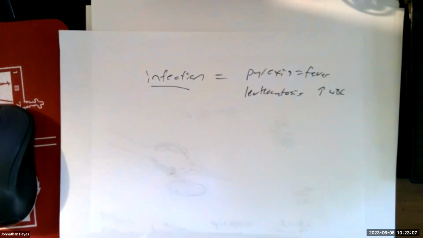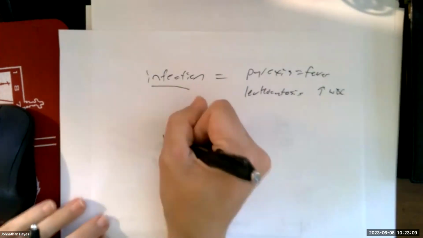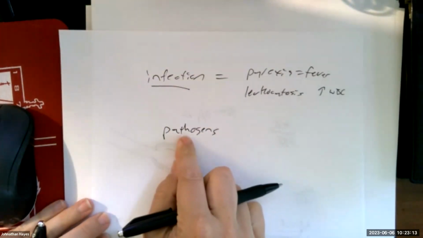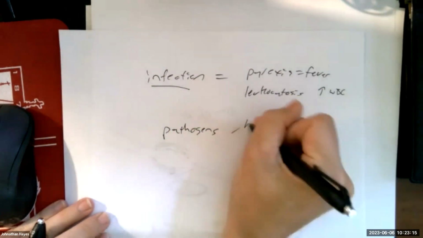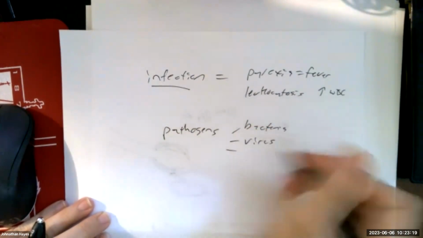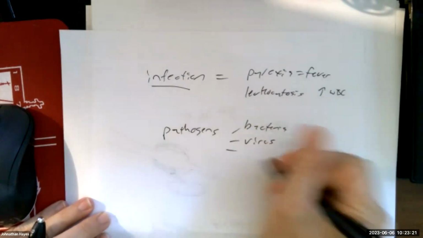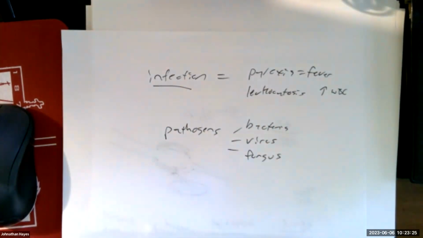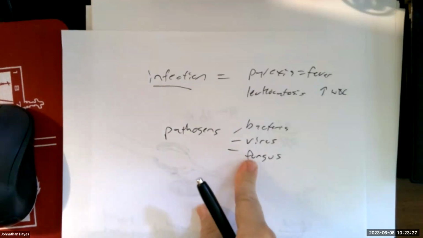So what are likely candidates for infections? Usually the pathogens, right? And pathogens are usually known causes of diseases. So bacteria, right? Virus, and you could even get parasites and stuff like that. But if we're talking about meningitis, usually fungus is another cause, like black mold or something like that.